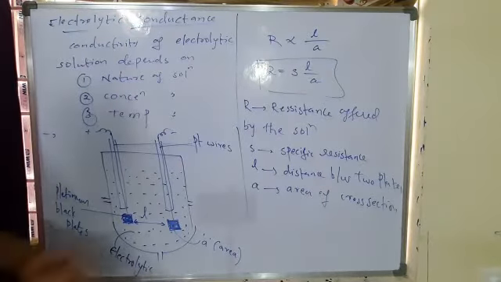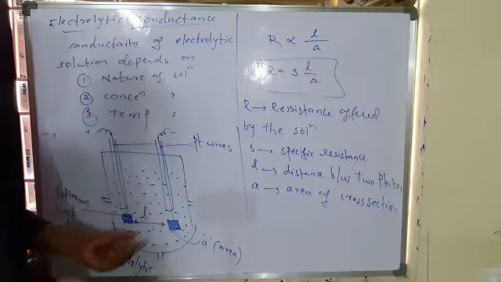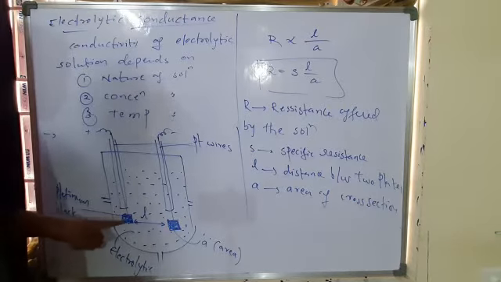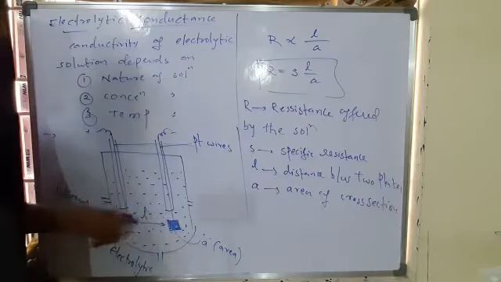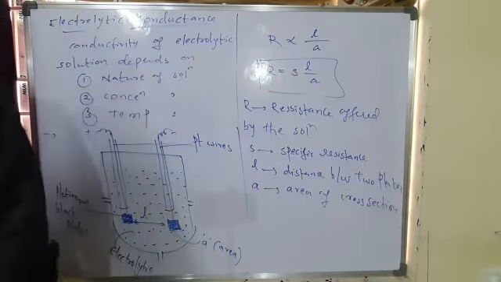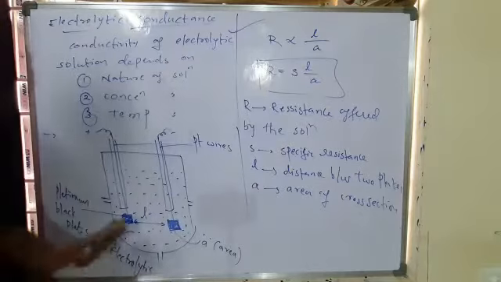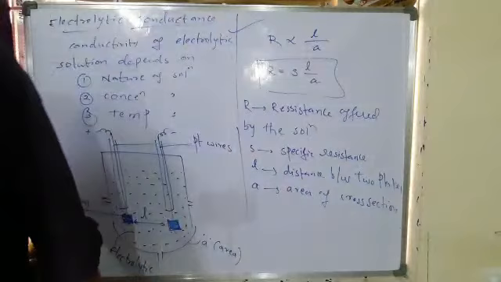So the resistance is inversely proportional to the cross sectional area of the plates and directly proportional to the distance between them. This is related to Ohm's law, so the electrolytic solution also obeys Ohm's law, right?